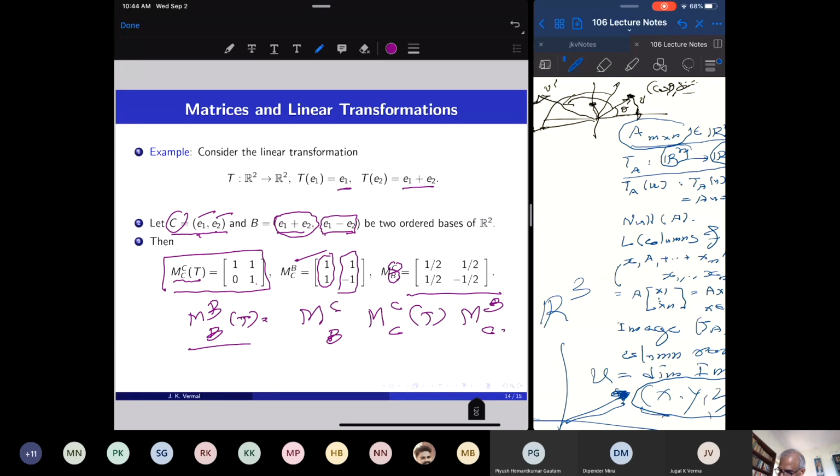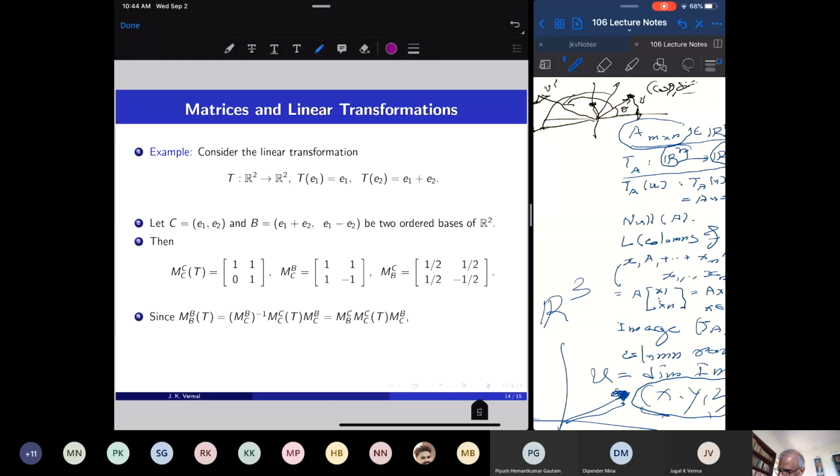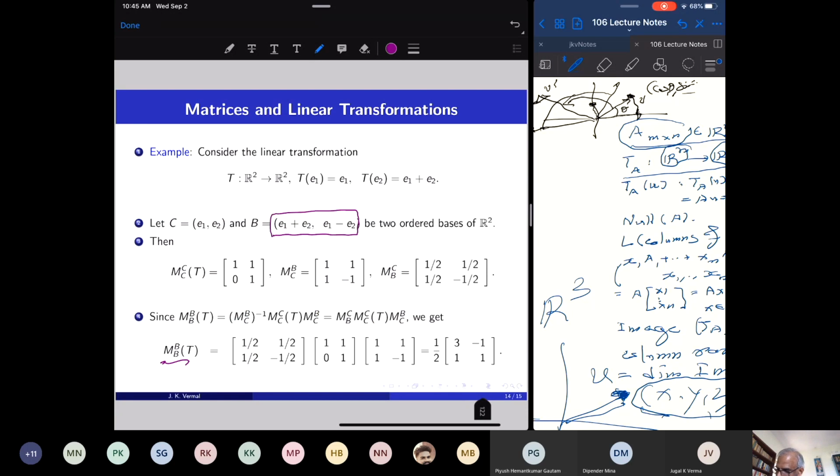I multiply with the matrix MBC on the right and MCB on the left, and you will see that this is the matrix of T with respect to B. And you can check the matrix of T with respect to the basis B. How to find that? Well, I operate T on E1 plus E2 and E1 minus E2 and take the coordinate vectors, and you can check that this is correct.